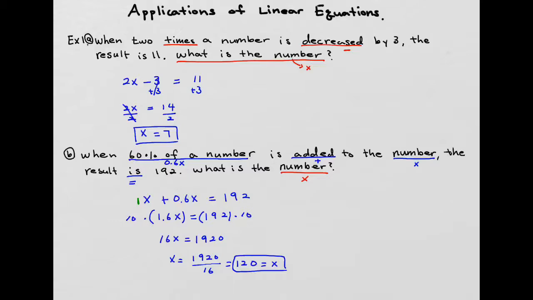We can figure that out using the calculator, and it's 72. So 60% of 120 is 72. When you add 120 plus 72, you get 192. So it checks out that the number is 120.